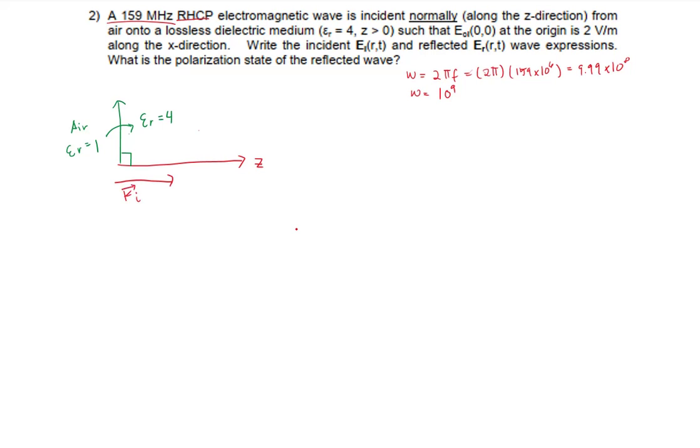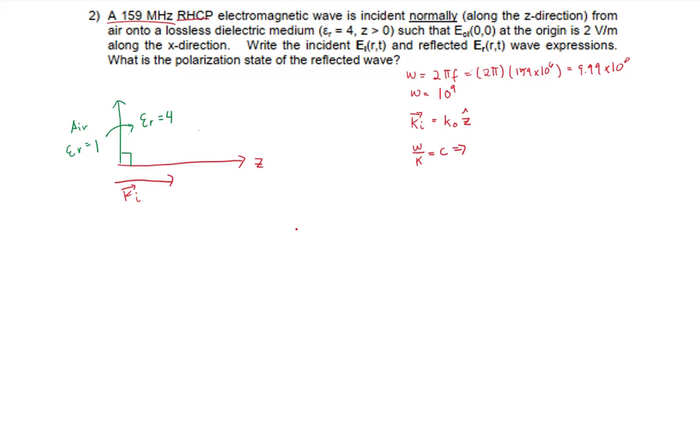So we could write down over here that k sub i is equal to k naught z hat. And the way we get the figure for k naught is omega over k equals c.